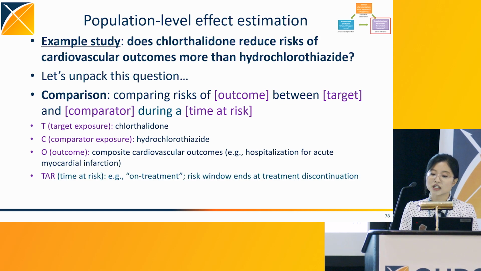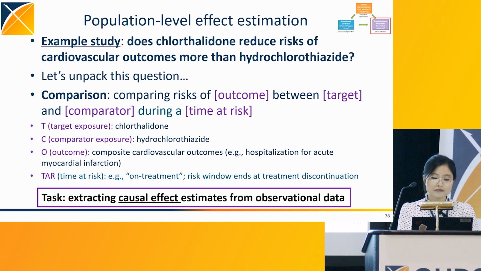And the time at risk, in this paper, we actually tried 2 different definitions of time at risk, but one of the definitions is called on treatment. So the risk window would start after treatment initiation and would end at treatment discontinuation, when we no longer observe that the patient is still taking the medication.